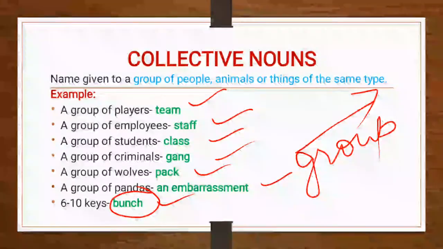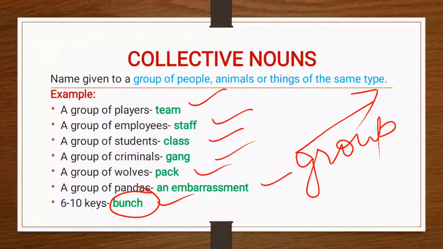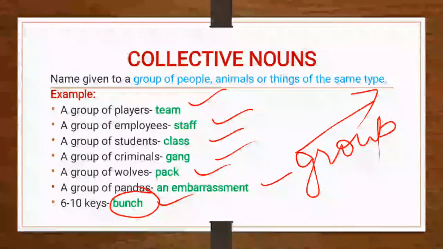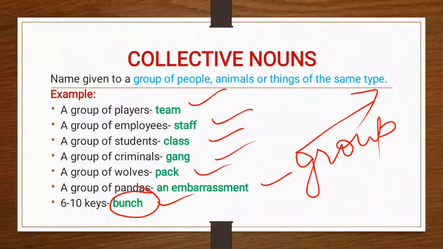But one reason to learn collective nouns is that if we use the correct collective noun in a situation, it will make our speech sound impressive and stylish. So try to learn as many as you can. Now, let's move on and talk about material nouns.